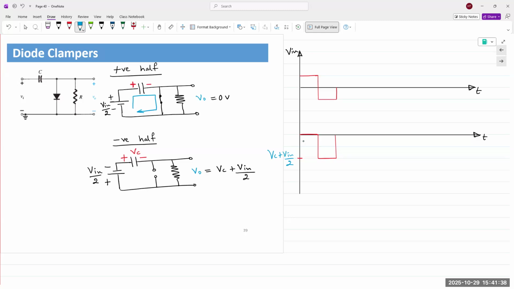It's probably not sufficient time. If the frequency of our waveform was pretty high, meaning it's flipping very fast, then there's not enough time to actually notice that charge and discharge.